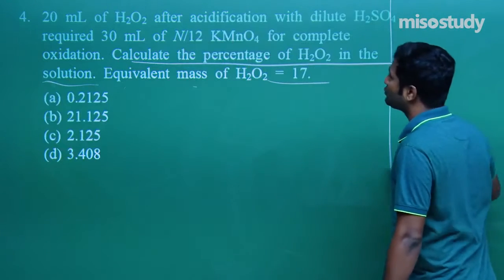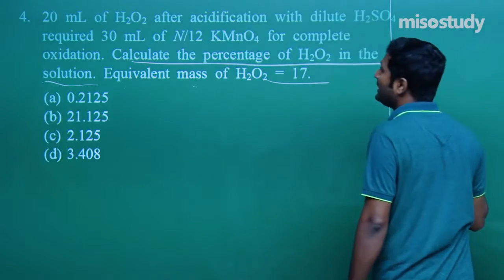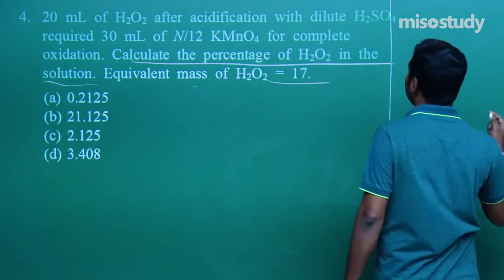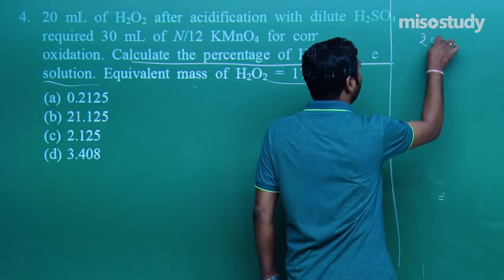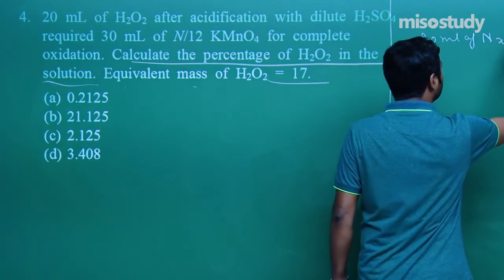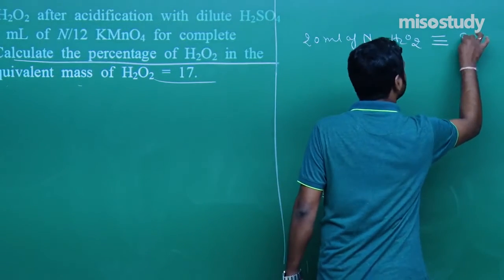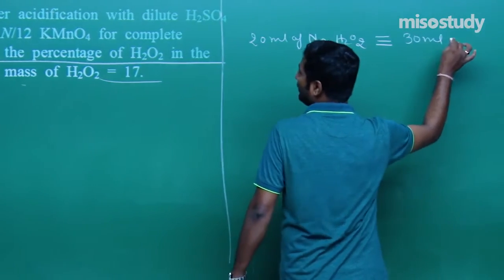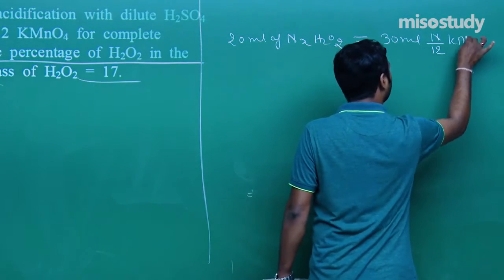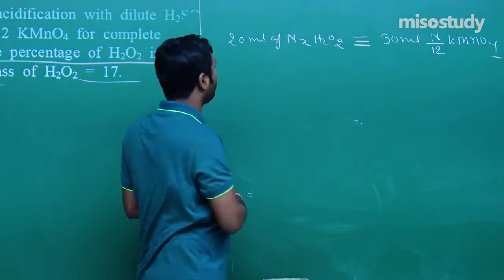Okay, now how to solve the question? First of all, the titration concept we have to use, that is 20 ml H2O2. We can write like this: 20 ml of N1 H2O2 will be equivalent to 30 ml of N by 12 KMnO4 according to the question, that is complete oxidation.